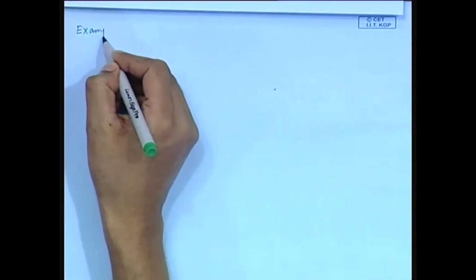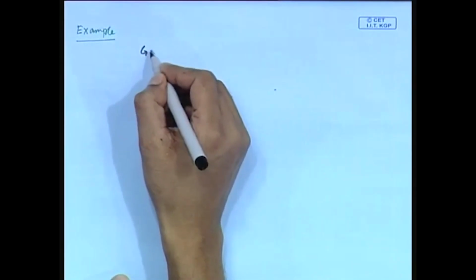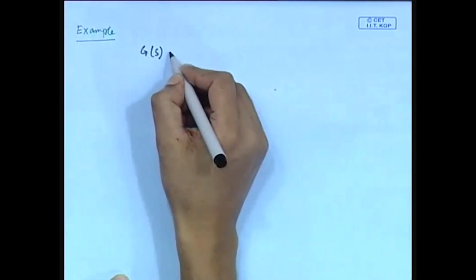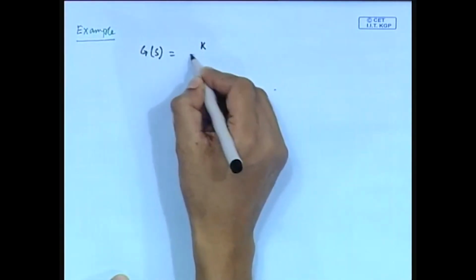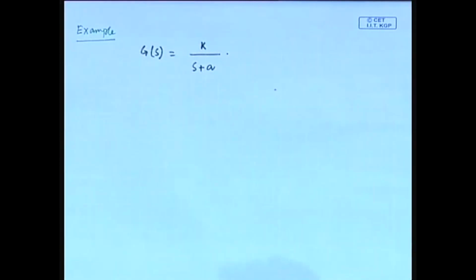Now, we will take one simple example, one simple transfer function that we have discussed earlier, that is G(s) equals k divided by (s plus a), fine.